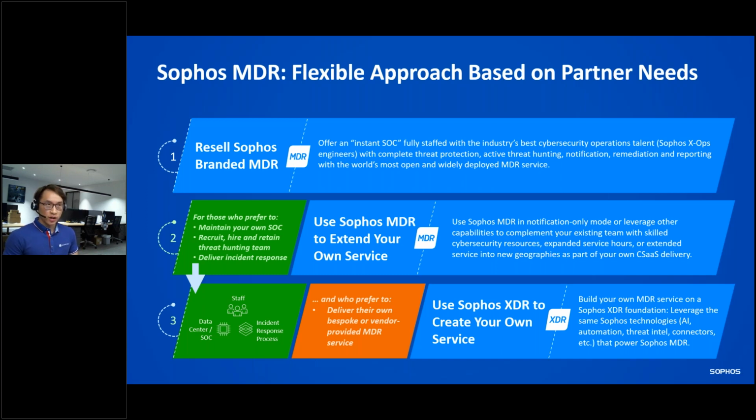Or you don't have to white label it, which we're going to get into in a little bit as well. You can offer that security operations center with active threat hunting, complete threat protection, notification, remediation, reporting, and everything there. That is the most popular, simply because of how easy it is to do so, and Sophos is designed to do so.